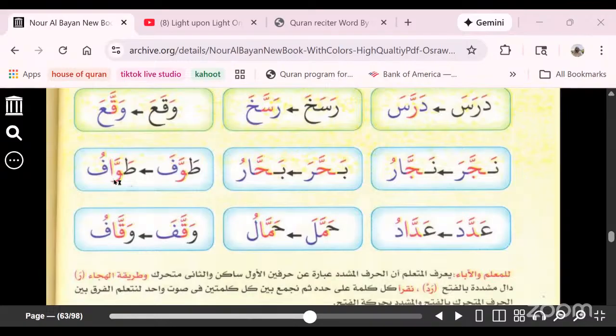Which letter has the mad? Wa. So you apply the shadda and you apply the elongation. Tawafu. Oh, wow. Yes, so you applied the shadda and you applied the mad. Tawafu. Tawafa.